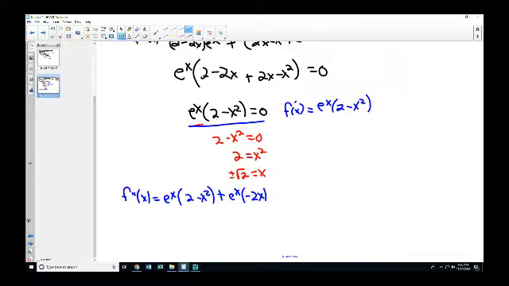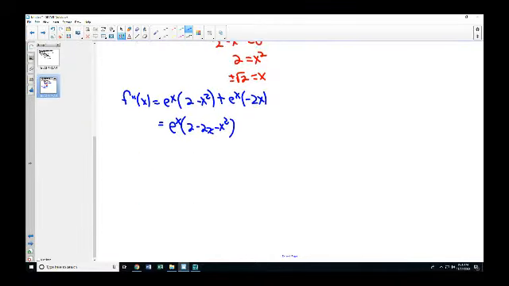We can make that easier by factoring again. You pull an e to the x out, leaving 2 minus 2x minus x squared. If you want, you don't have to.